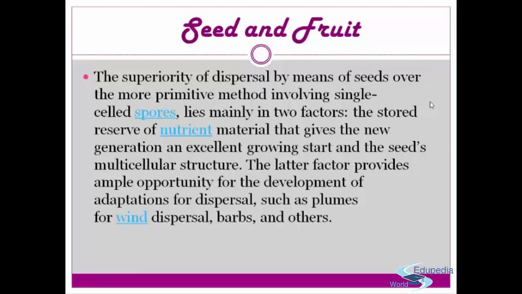First, the stored reserve of nutrient material that gives the new generation an excellent growing start, and second, the seed's multicellular structure. The latter factor provides ample opportunity for the development of adaptations for dispersal, such as plumes for wind dispersal, barbs, and others.